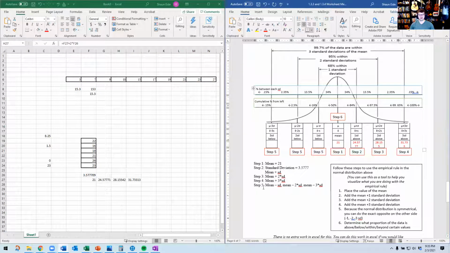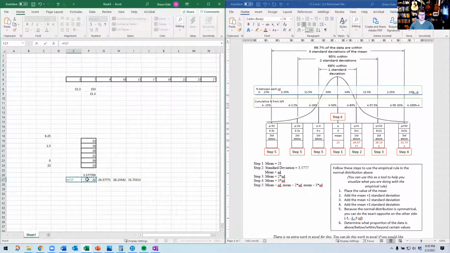And then finally for step 5, we're going to do equals the mean minus 1 standard deviation. Then equals the mean minus 2 times the standard deviation. And then equals the mean minus 3 times the standard deviation.